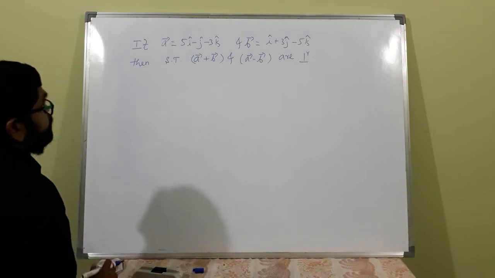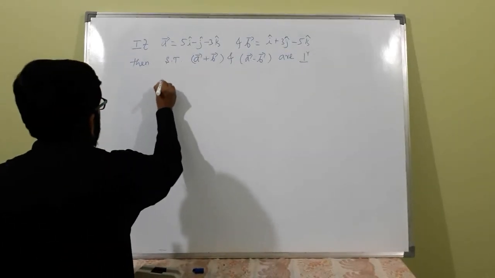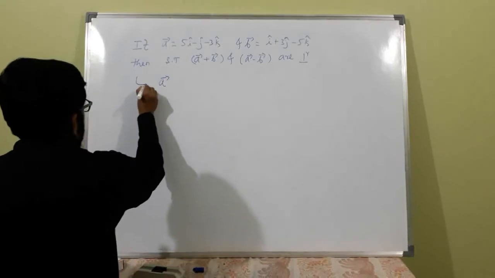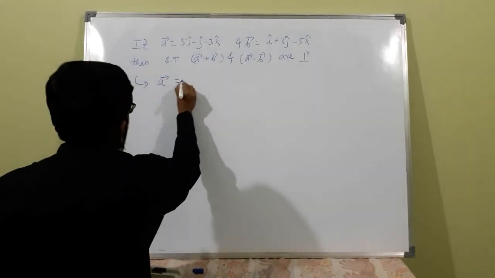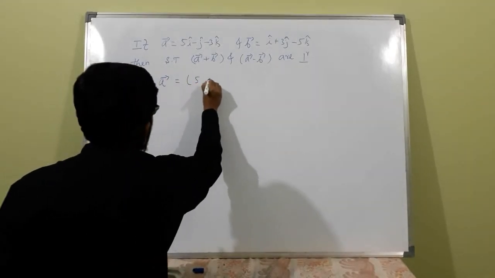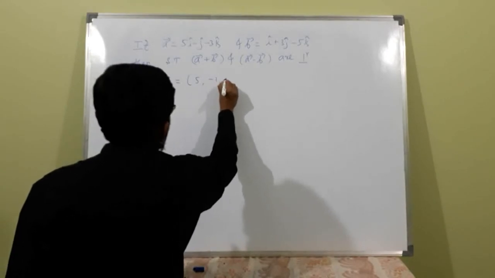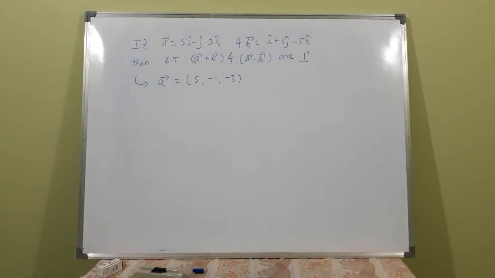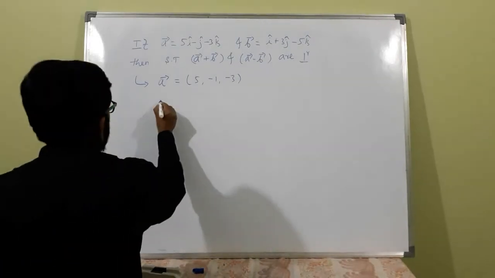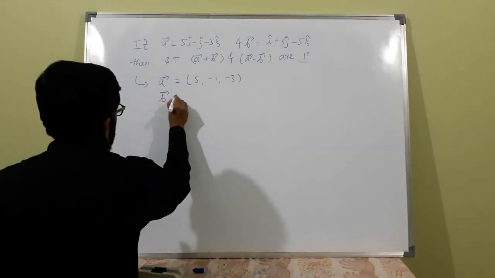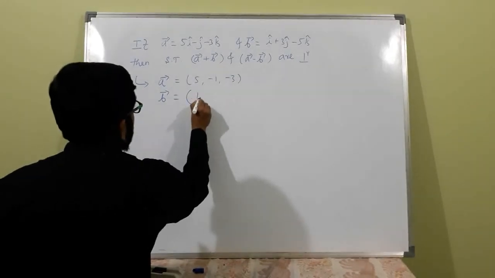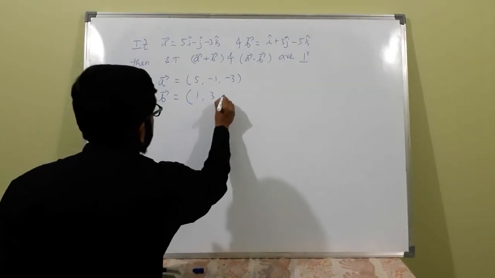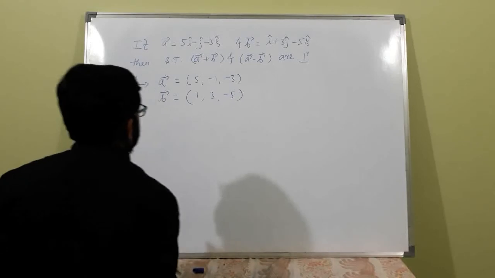Given that vector A is 5, minus 1, minus 3. Are you following? B is 1, 3 and minus 5.